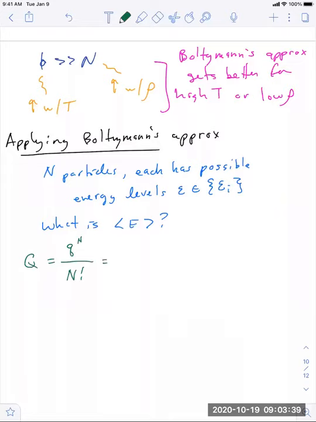So recalling what our molecular partition function looks like, that would be the sum over all energy levels, or the sum over all microstates i, of e to the minus beta times the energy of that microstate i, and then all of that raised to n.